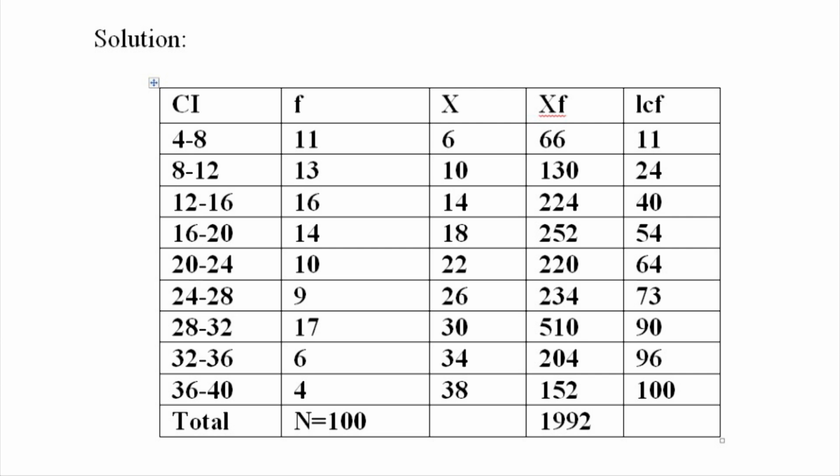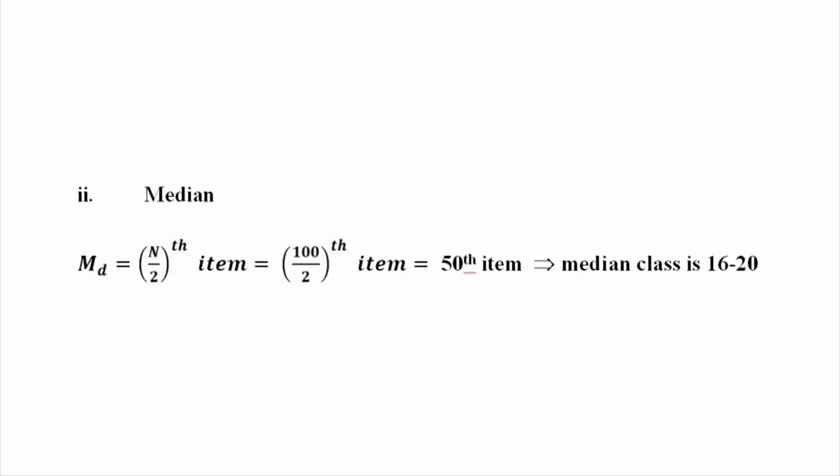The less than cumulative frequency values are 11, 24, 40, 54, 64, 73, 90, 96, 100. Next, in order to find the median value, compute the n by 2th observation, that is 100 divided by 2th item, which is equal to 50th item.